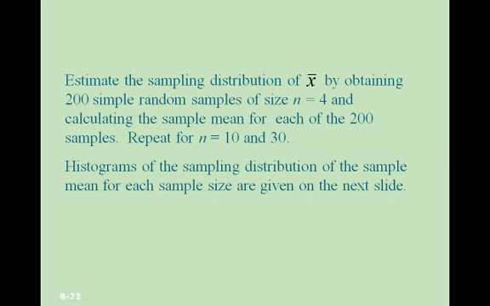Now let's estimate the sampling distribution of x bar by obtaining 200 simple random samples of size n equal 4 and calculating the sample mean for each of the 200 samples. We want to repeat for n equal 10 and n equal 30. So histograms of the sampling distribution of the sample mean for each sample size are given on the next slide.